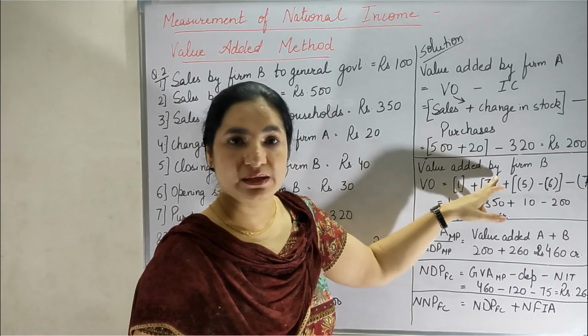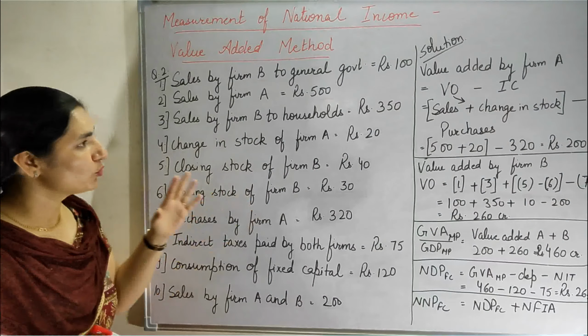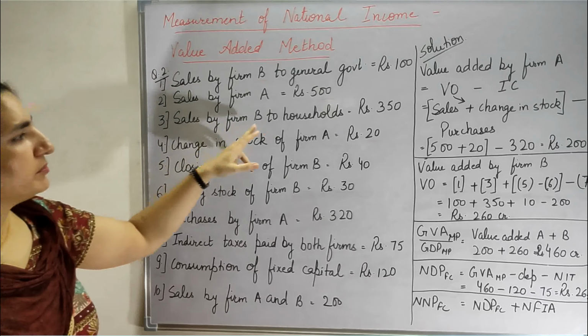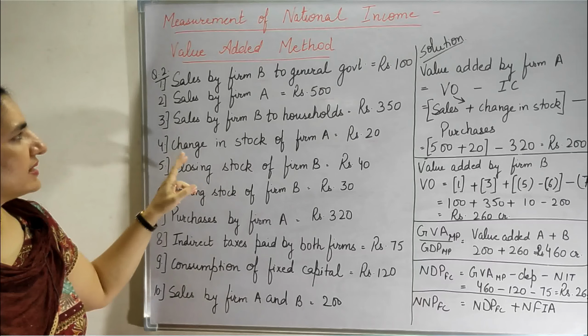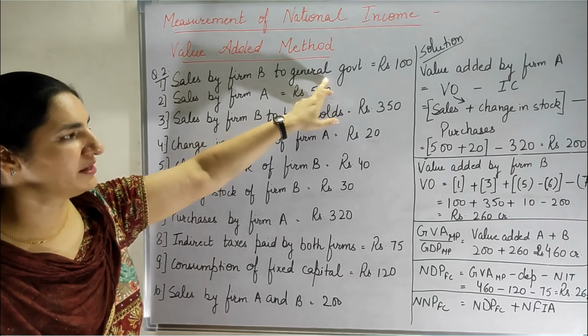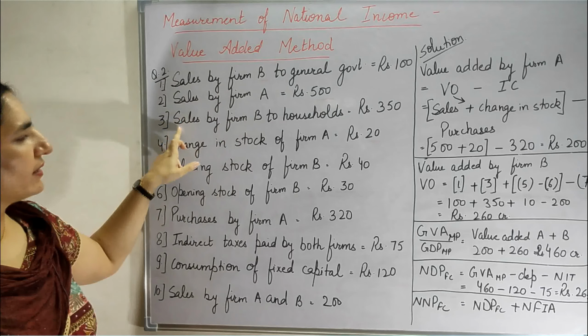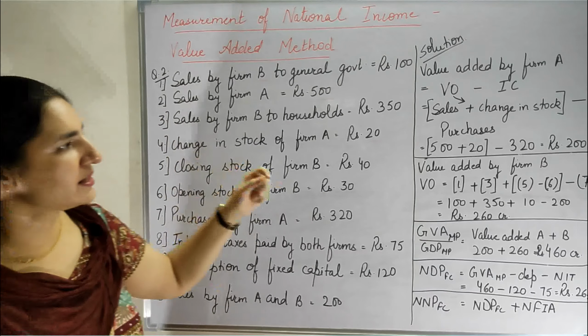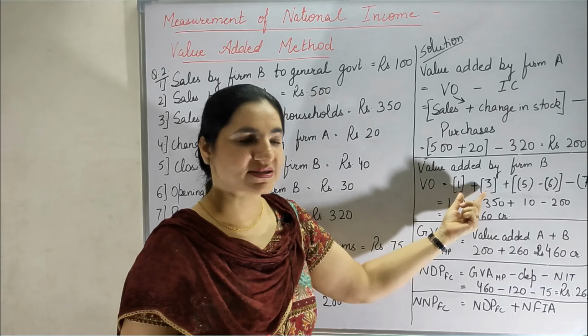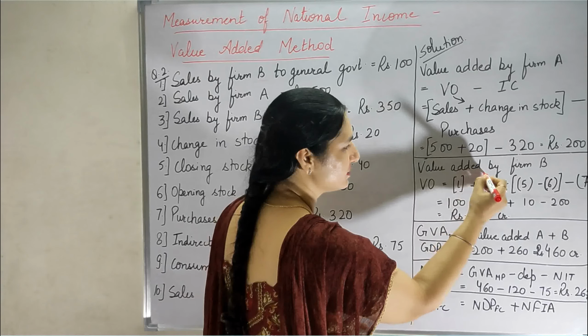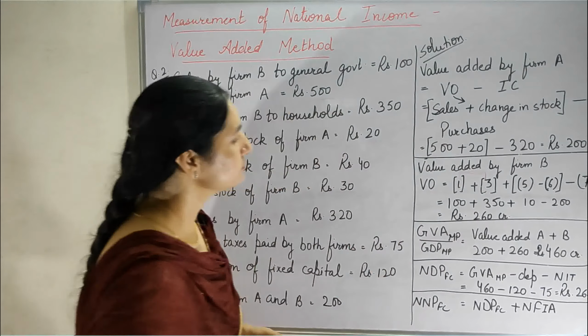In case of firm B, if we see the data provided to us, sales by firm B to household sector and sales by firm B to general government, it is given in point number 1 and 3. So total sales will be 1 plus 3. So these two are the sales items.